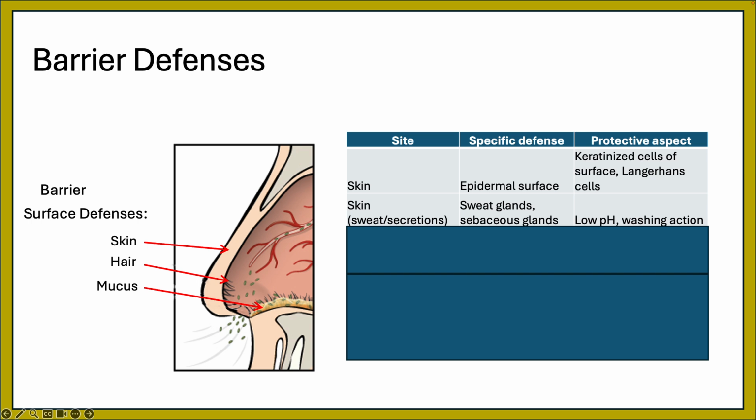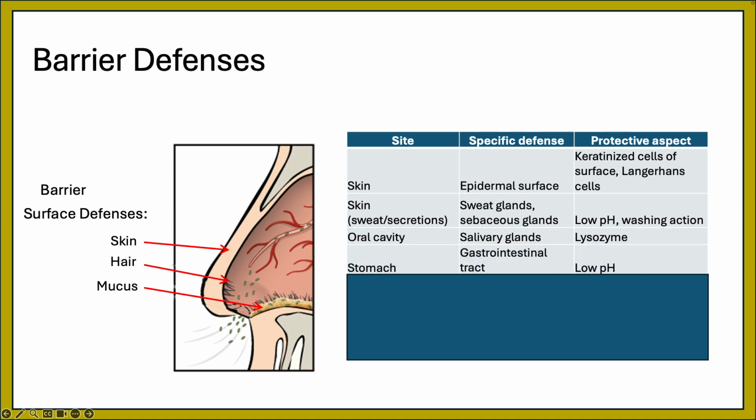In the mouth, in your oral cavity, you produce saliva that contains lysozyme, as well as having a washing action that could act as a defense. And then you have stomach acid, which has a low pH and acts as a barrier.